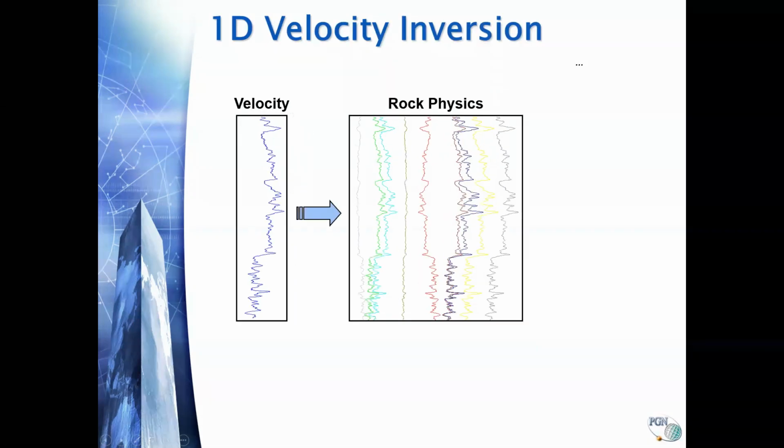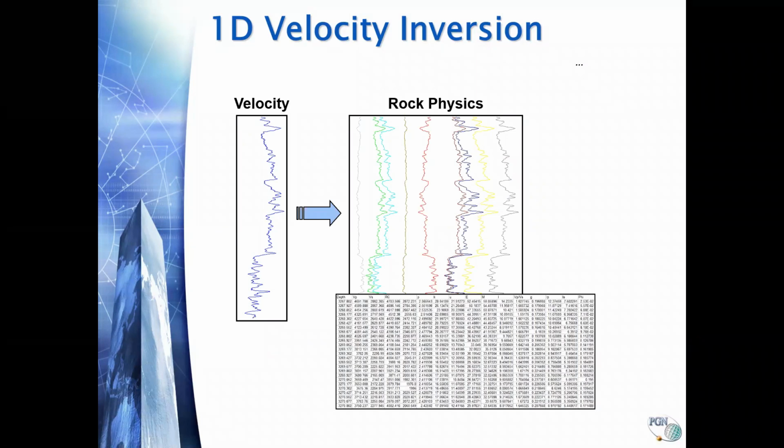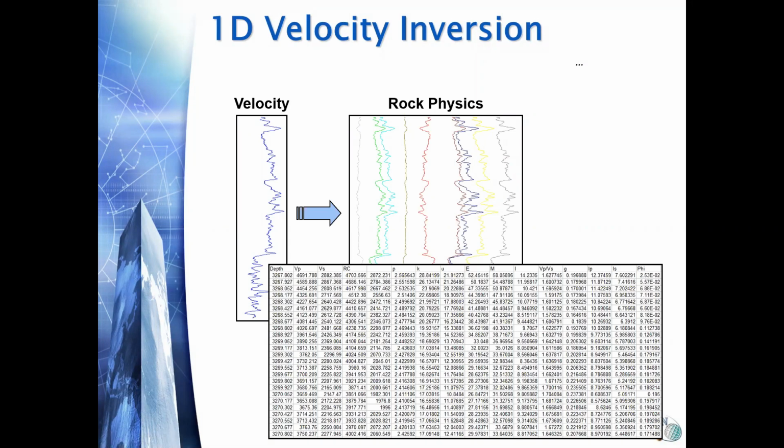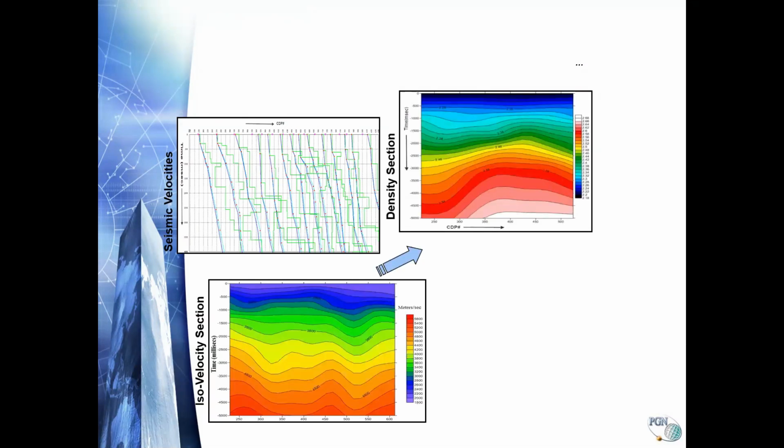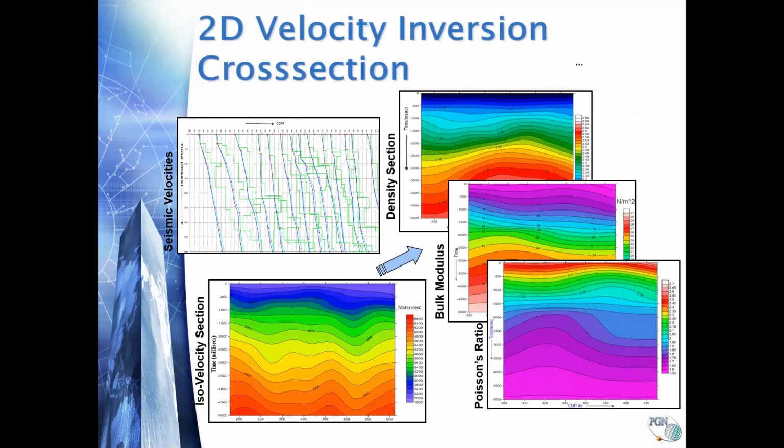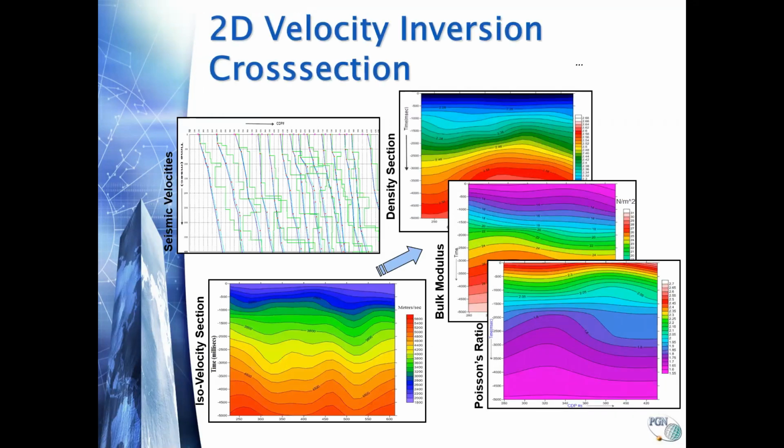So here we have just some examples. Suppose we have the velocity, we can split it into various rock properties, bulk modulus, shear modulus, and all these things. Similarly, if we have seismic stacking velocities, RMS velocities, we can convert them into interval velocities, and then into density, bulk modulus, Poisson's ratio, and all those elastic moduli.